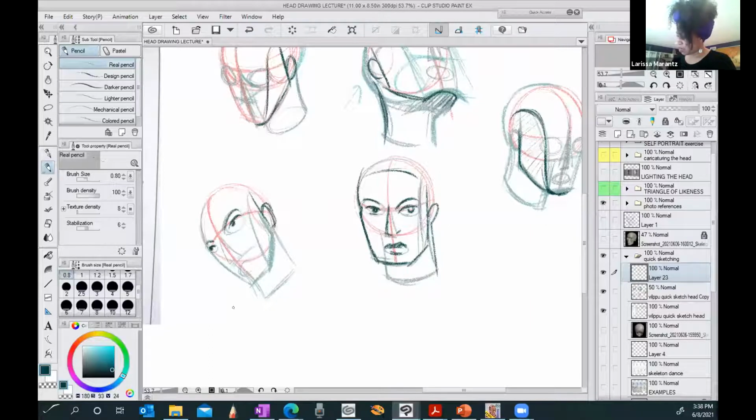So that, and then also the brow ridge, the zygomatic arch, the underside of the nose, the underside of the lip, chin, the underside.